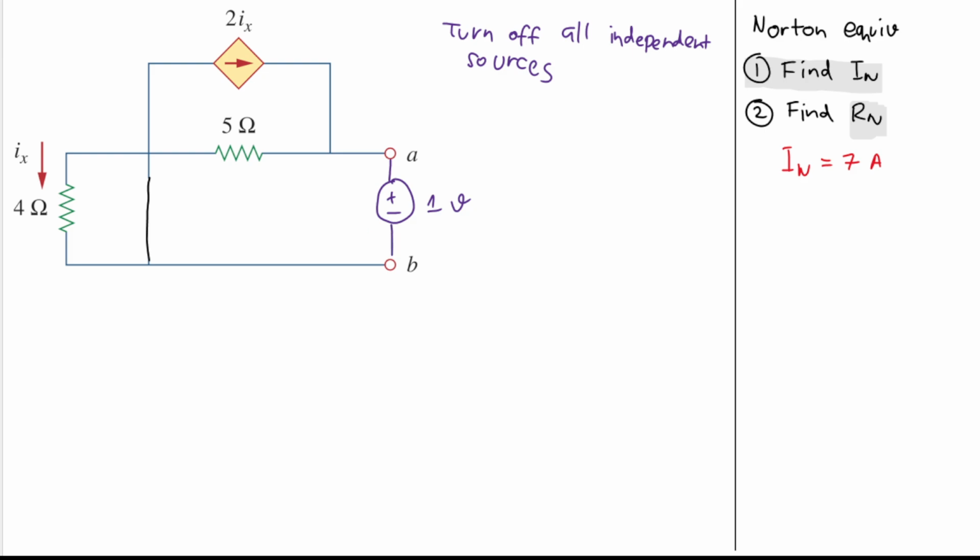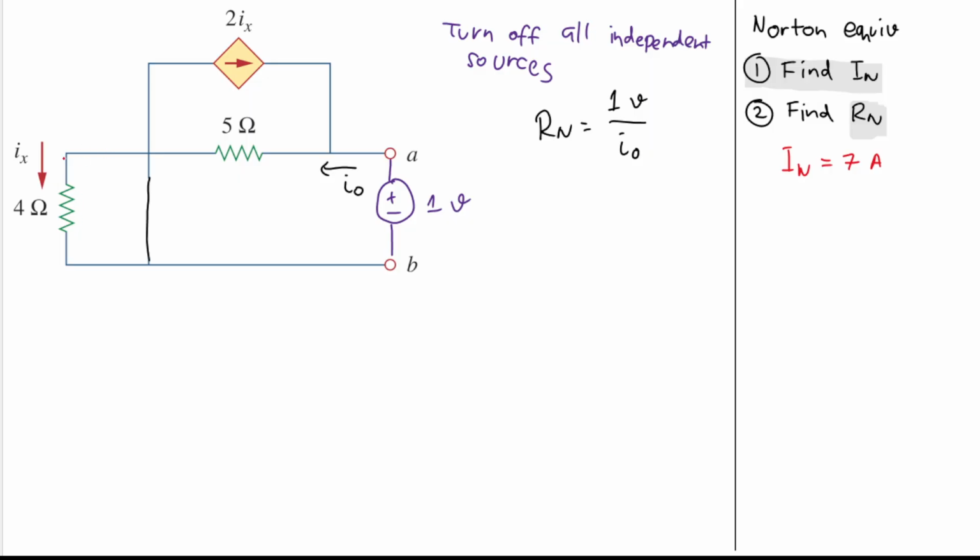Then we need to find what I0 is, and then we can calculate RN using Ohm's law: 1 volt divided by I0. However, we still need to find I0. Here we have a short circuit, so all the current goes into this branch instead of this resistor.